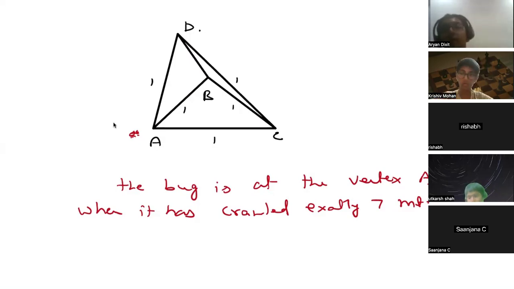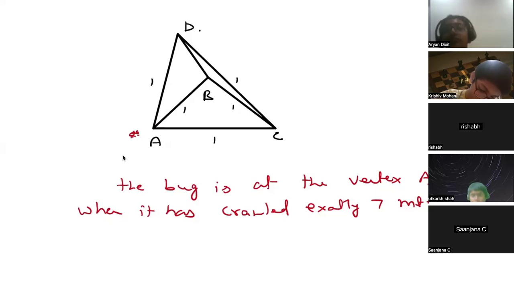So I used the same logic and I got the recursion that Pk is equal to 1 by 3 times (1 minus Pk minus 1) if k is greater than or equal to 1. Okay, that's a very good, nice way of solving this, right?